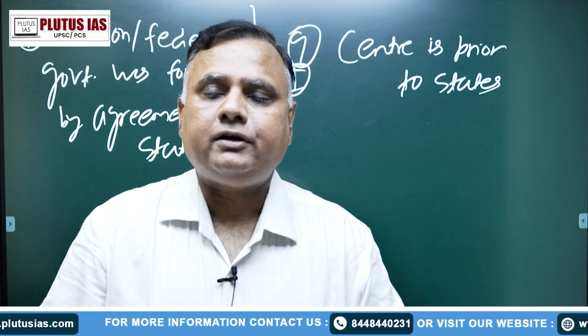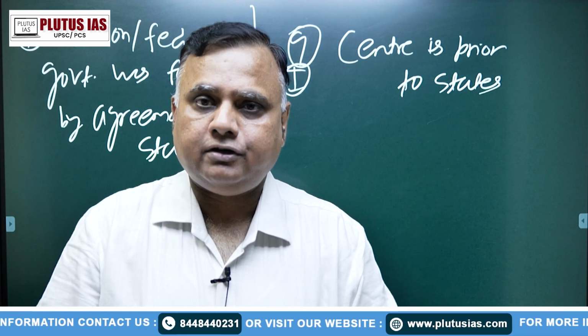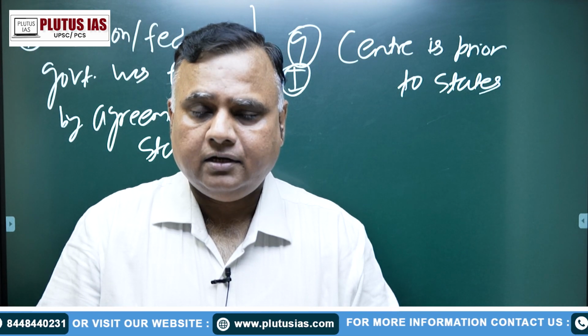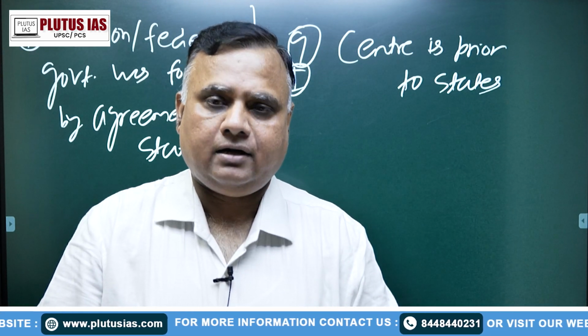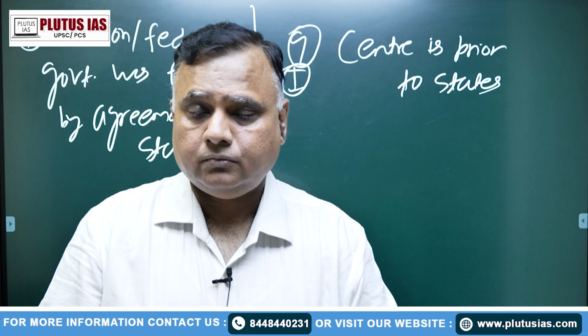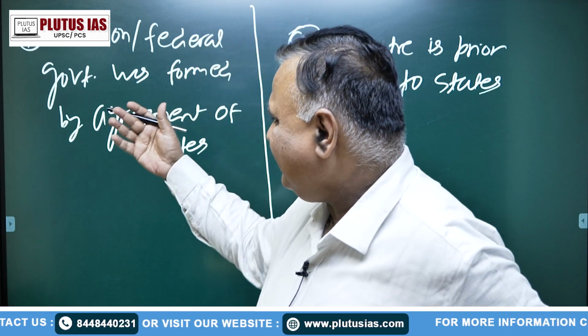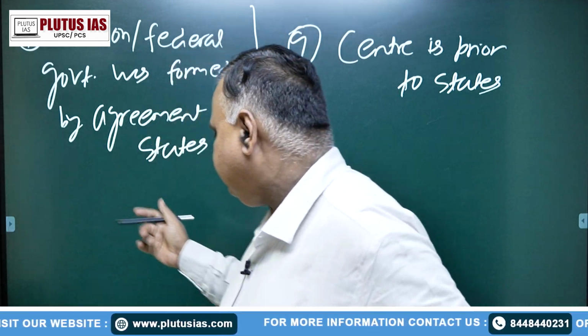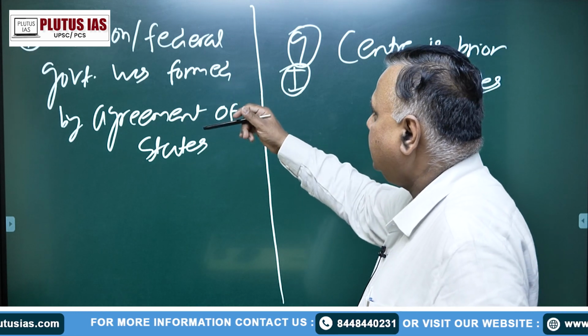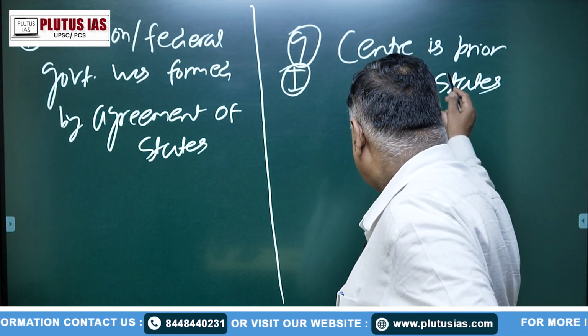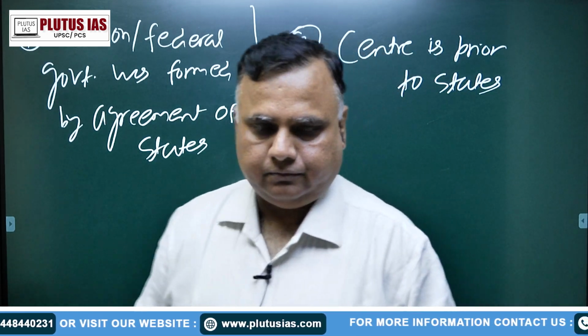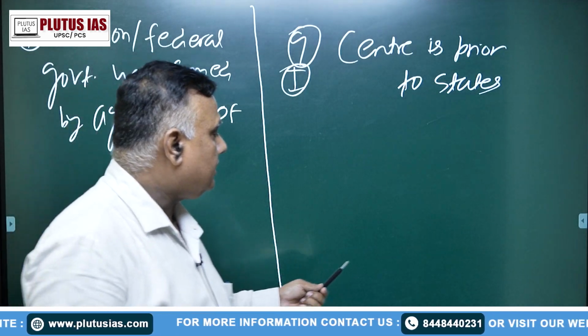So we are not a truly federal polity. The US is a truly federal polity. India's federal polity is inspired from Canada, as I have said earlier also. Let me just revise the things that we have done.